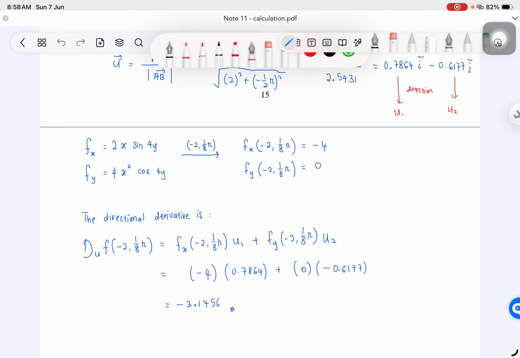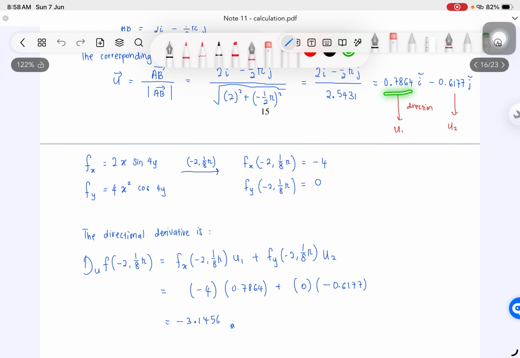So now we can find the directional derivative. The formula is fx at the given point multiplied by u1, where u1 comes from the unit vector here, plus fy at the given point multiplied by the unit vector here.